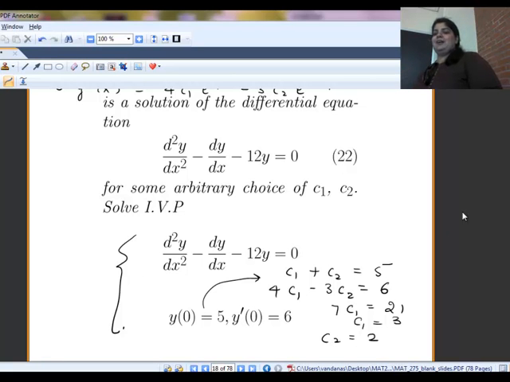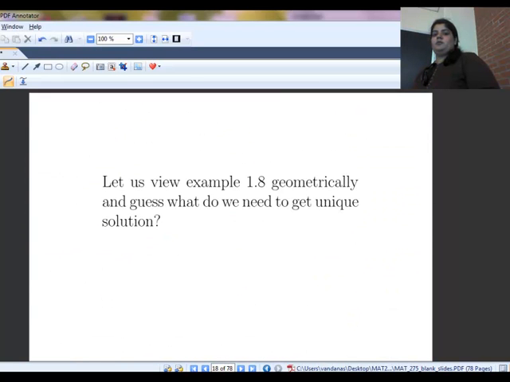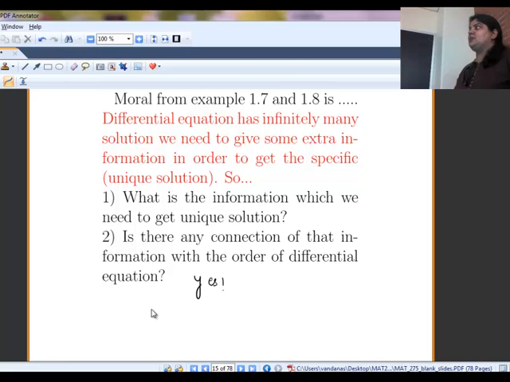So on the previous slide, when I was asking you, is there any connection between the information which will give us a unique solution and the order of the differential equation? And the answer was yes. The number of initial conditions should be equal to the order of the differential equation.